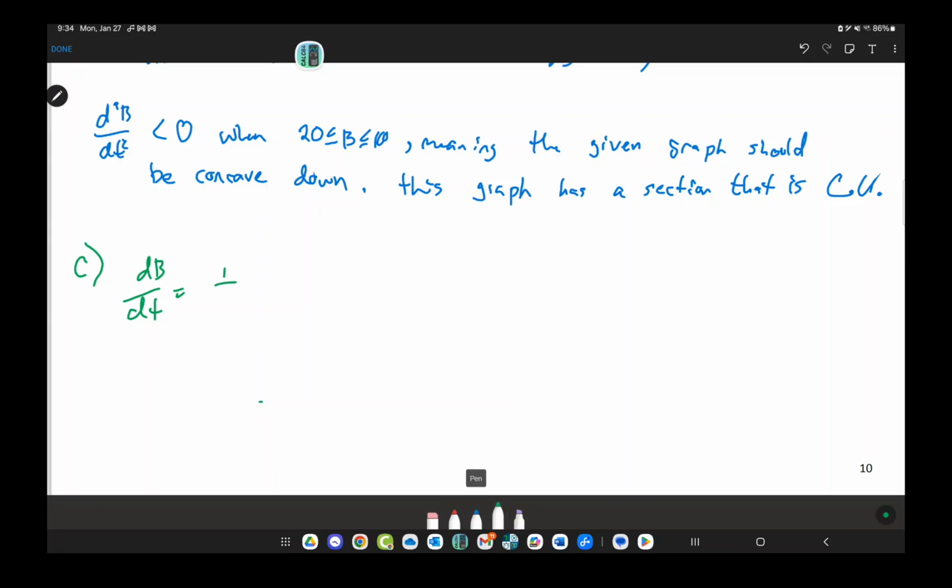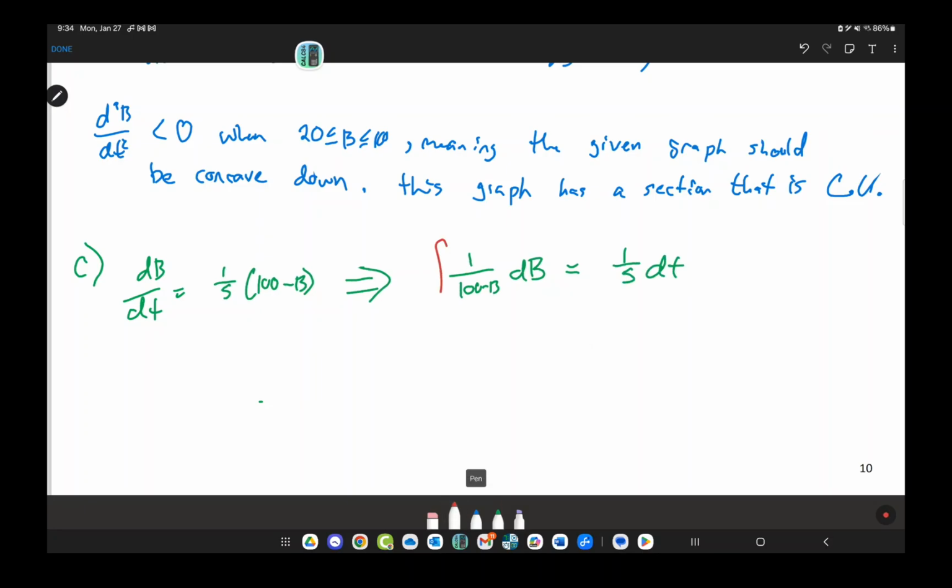So we have 1/5 of 100 minus B. I'm just going to divide by this. So I'm going to write this as 1 over 100 minus B dB equals 1/5 dt.